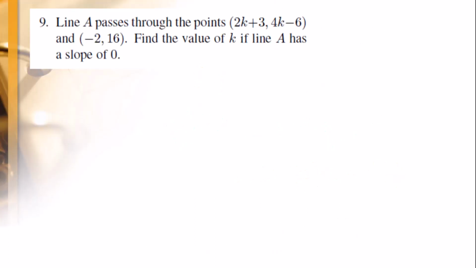Let's go to 9. Line A passes through the points (2k plus 3, 4k minus 6) and (-2, 16). Find the value of k if line A has a slope of 0. Let's label these x1, y1, x2, y2. So use the slope formula.